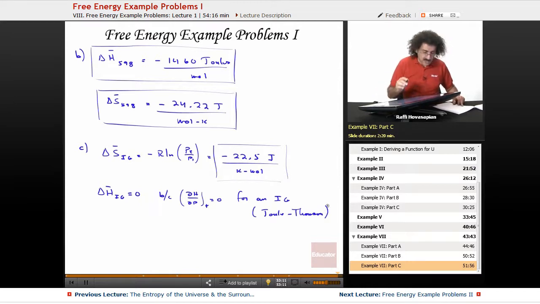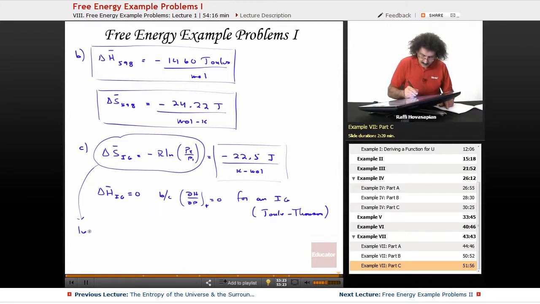Now, in case you're wondering where this came from for the ideal gas, just look back at lesson 21, which is the entropy changes for an ideal gas. Now notice this expression right here.